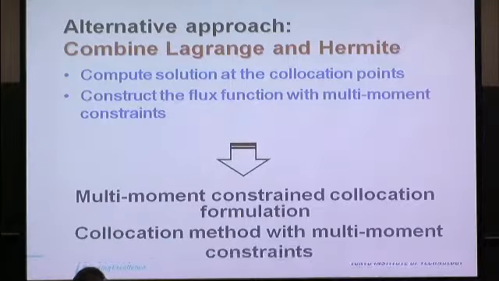So this leads to another type of method. You can call it a multi-moment constraint collocation formulation, or you can just invert the order and call it a collocation method with multi-moment constraints, whatever the name is.